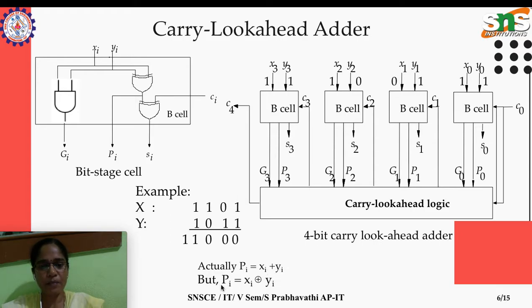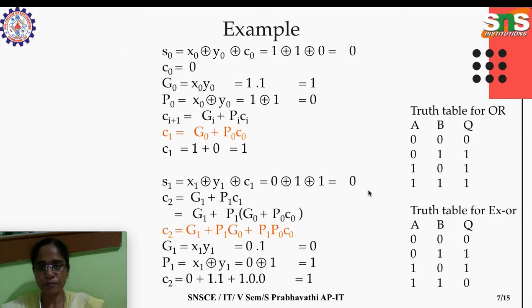But here it is implemented with an XOR operation, xi XOR yi. So what does it mean? Before that I'll take you to the truth table of the OR gate and XOR gate, then we will come back here. Due to space availability on this slide, I'm giving the truth table in the next slide. Just concentrate here, we will come back to this example later.